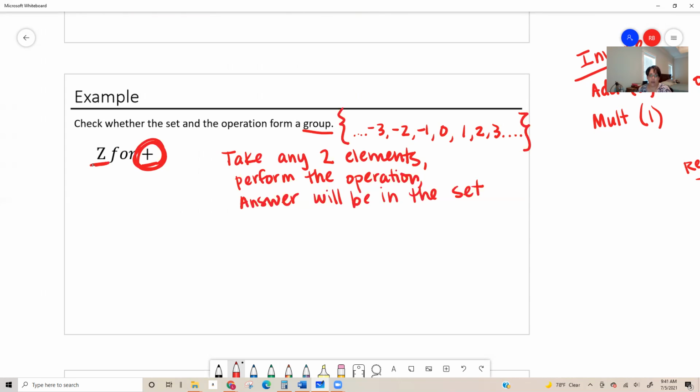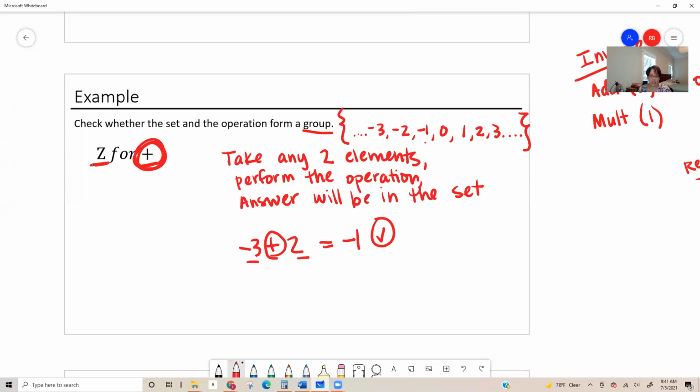Let's take -3 plus 2. Okay, so we're going to add two elements from the set. -3 plus 2 is -1. Now, is -1 also an integer? Yes, it is. So it worked here.